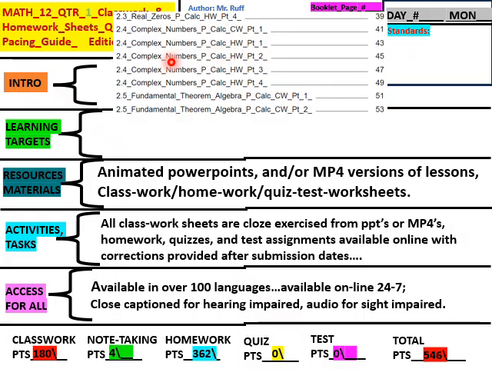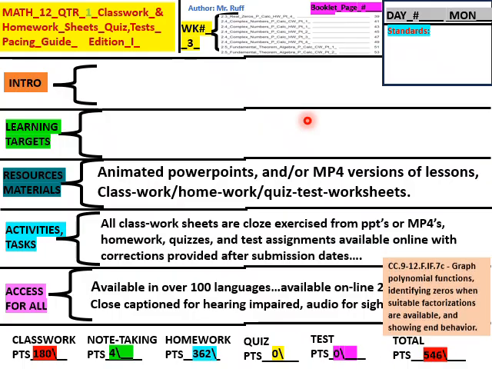And then our homework 2.4 complex numbers, homework parts 1, 2, 3, and 4. And then we go into 2.5 fundamental theorem of algebra, classwork part 1, classwork part 2. So that's what we do here in Week 3.